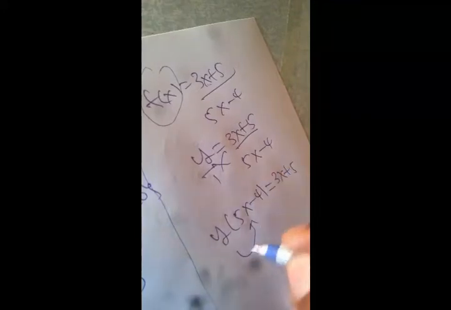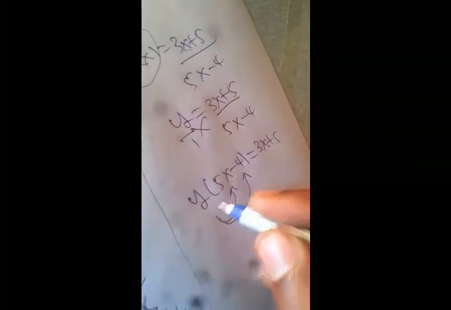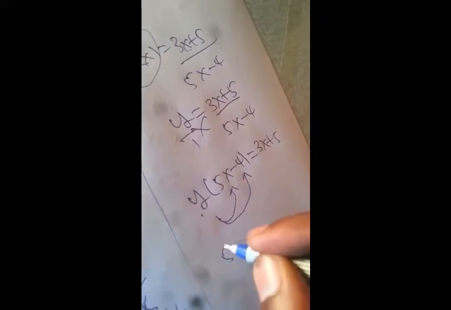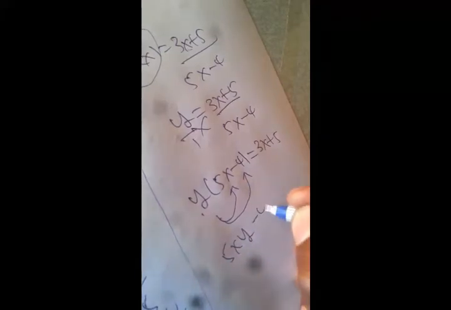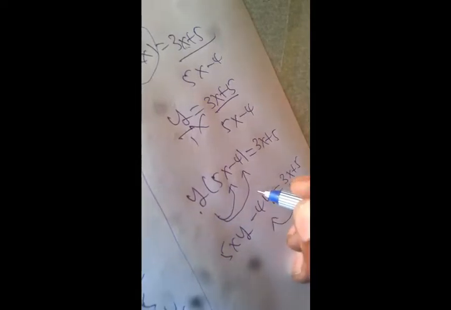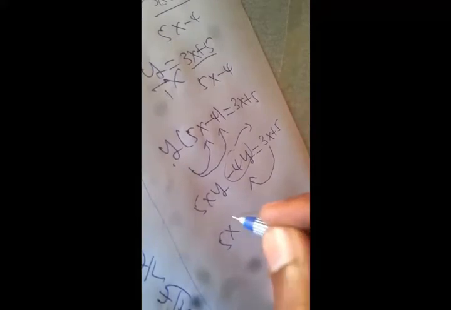Therefore, this y will be distributed: y times 5x is 5xy, minus 4y, equals 3x + 5. We will collect x on one side and y on the other. Therefore, we move 3x to the left and -4y to the right. So 5xy - 3x equals, when the negative moves to the right it becomes positive, 4y + 5.